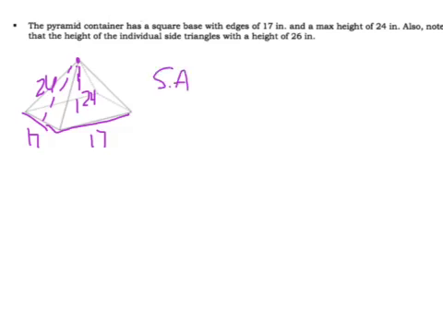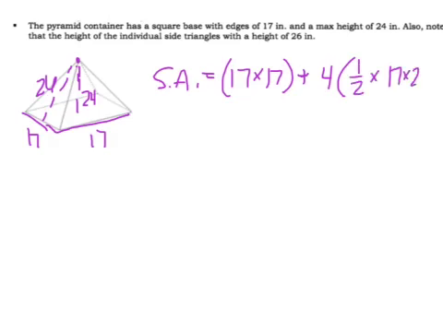So to begin with surface area, we need the area of the base, which is 17 times 17, plus the area of our 4 triangles, which is equal in this case, which is 1/2 times the base times the height of 26. When we do the math, we end up with 1,173 inches squared.